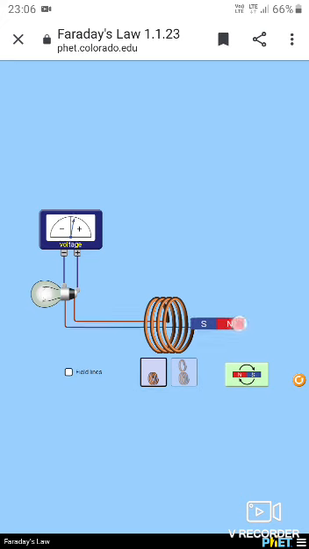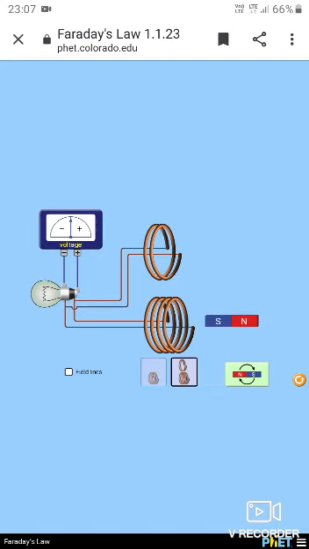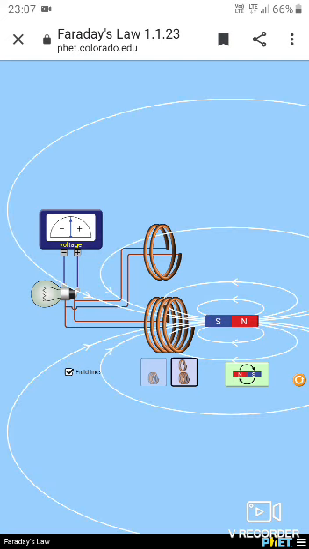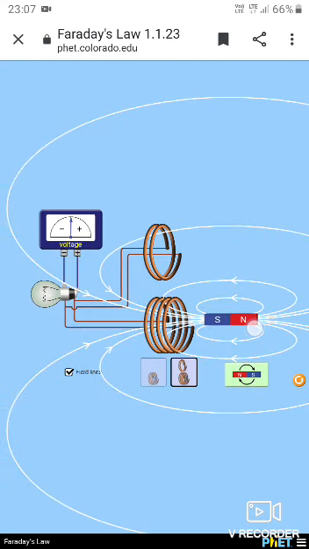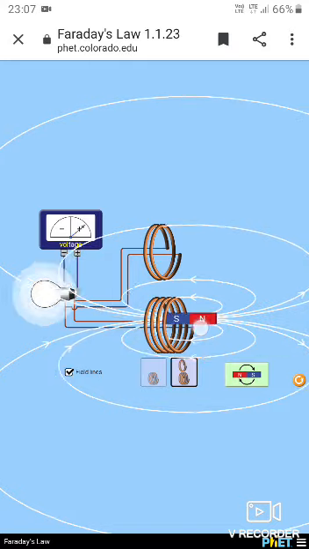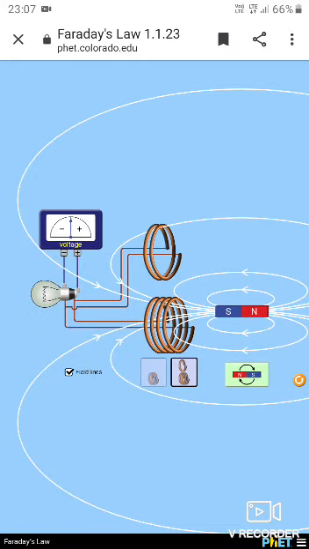That means as we change the direction of the magnetic field, the direction of the induced EMF also changes. We also saw that as the number of turns increases, the amount of induced current produced also increases. And when the magnetic field strength is more, the amount of induced current produced is also more.